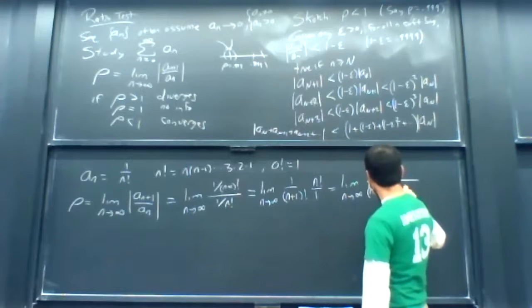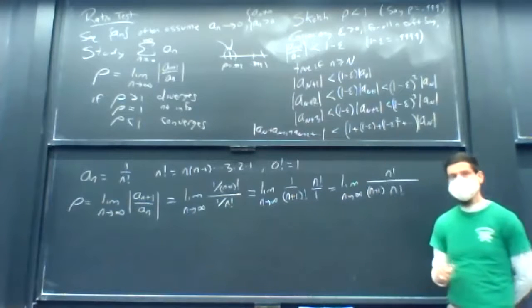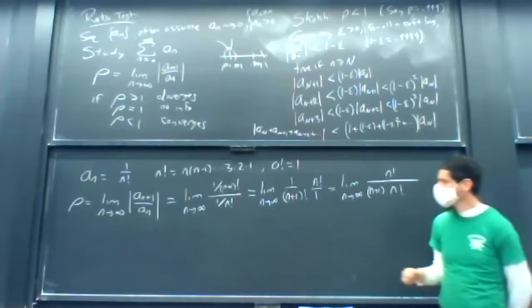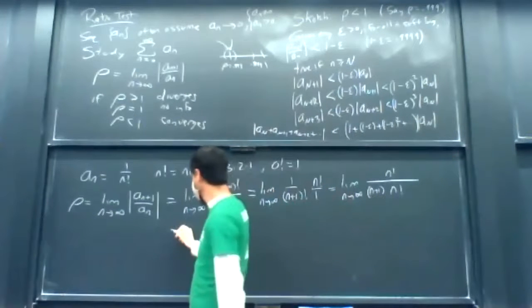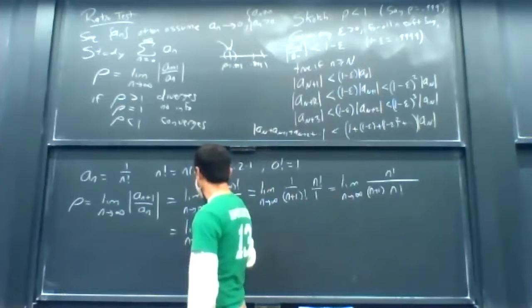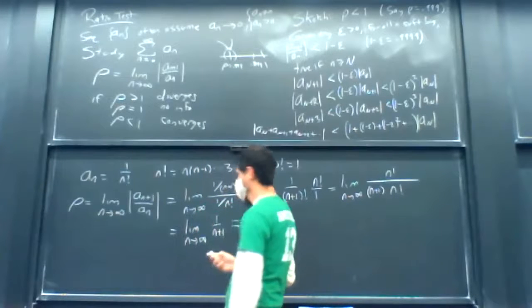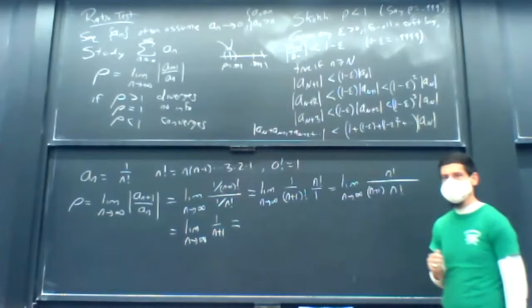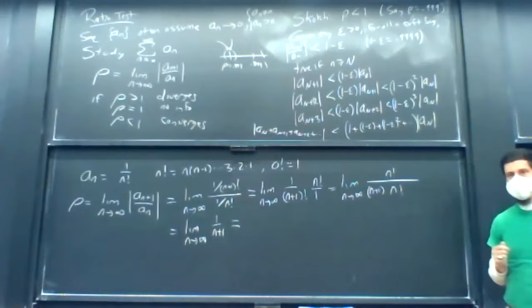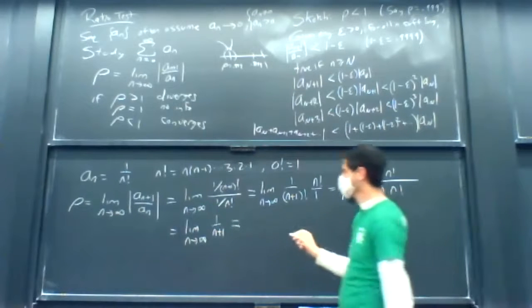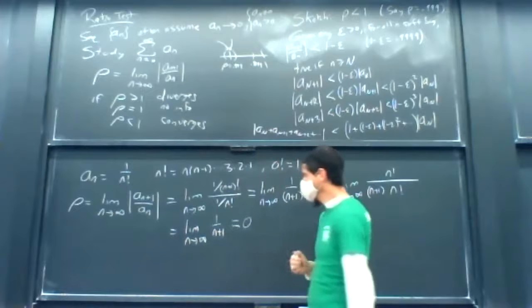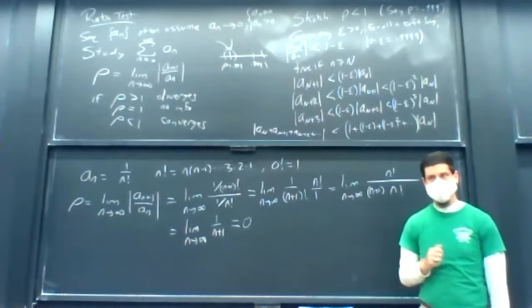It's just (n plus 1) times n factorial. Well, this is the same as the limit as n goes to infinity of 1 over n plus 1. And as n goes to infinity, what does this go to? 0. So this converges.